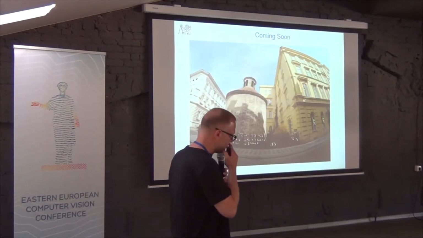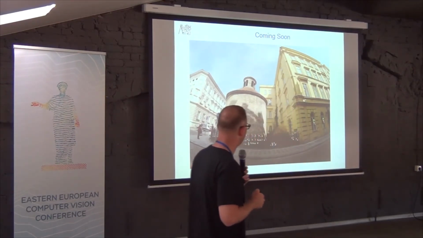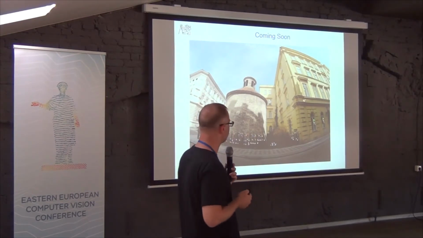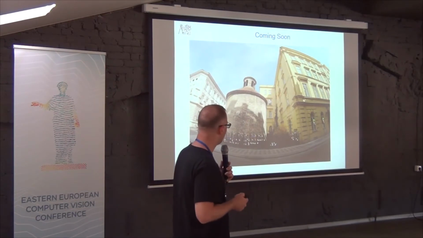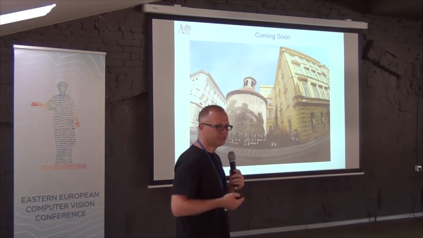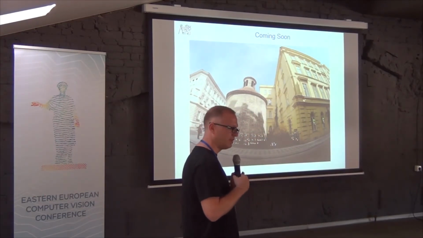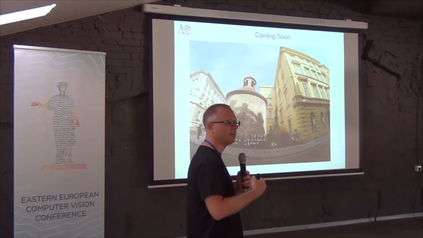Before I conclude the talk, because it's about over, I wanted to show you a recent result. This is a result that we had maybe 2 months ago with my colleague Zuzana Kukelova. It uses similar constraints to estimate the vanishing line, but now in this pipeline we're also estimating the lens distortion in the initial stage of the solver.